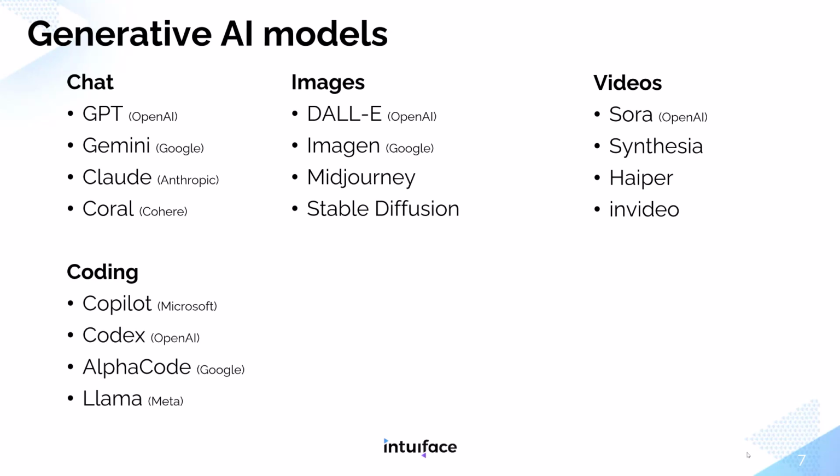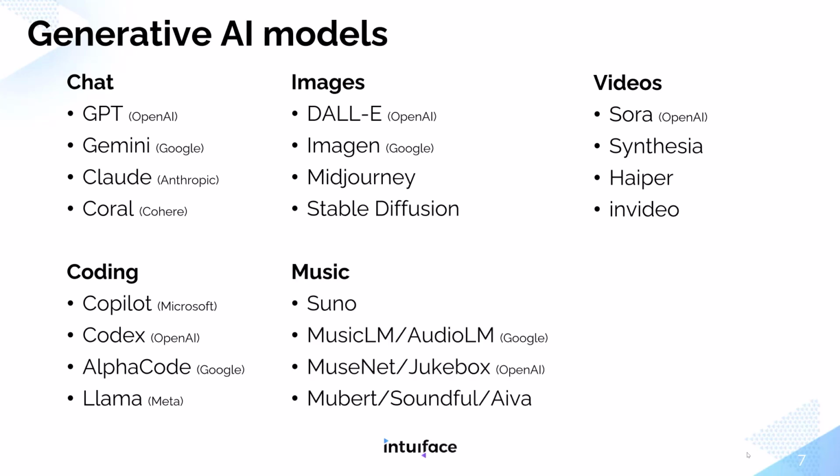Coding. Even in the early days, when OpenAI was just early on promoting GPT, there was a lot of work on coding to help developers write code. Copilot was sort of the moniker for that, but there are other models and variants for writing code. Music is now something with products like Suno. You describe a song in the style of Billy Joel, and it spits out a song in the style of Billy Joel.